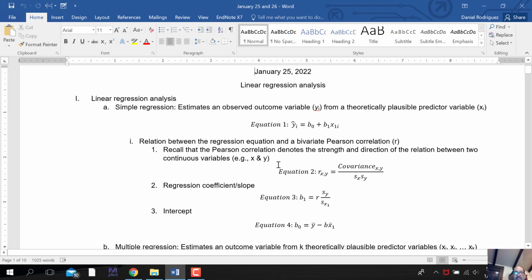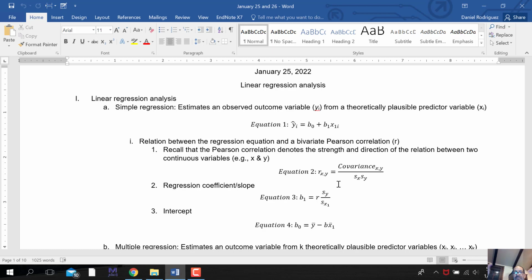There is a relation between the b's, so these are parameter estimates, right? Just like any statistic, they're estimating some population parameters. We'll call these parameter estimates. There's a relation between the parameter estimate for our slope in simple regression and simple correlation.